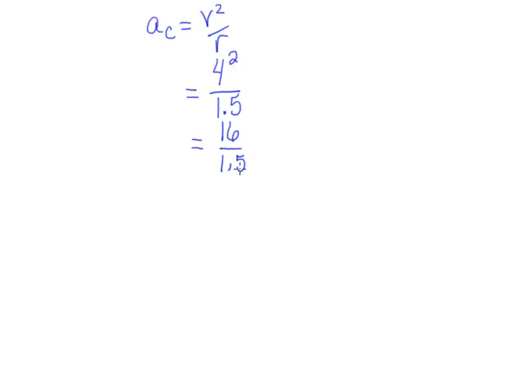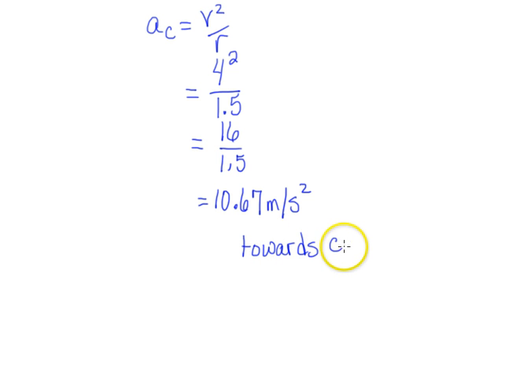So that's going to be 10.67. And our units are going to be meters per second squared. And this is going to be radially inward, or towards the center. So either way is equivalent.